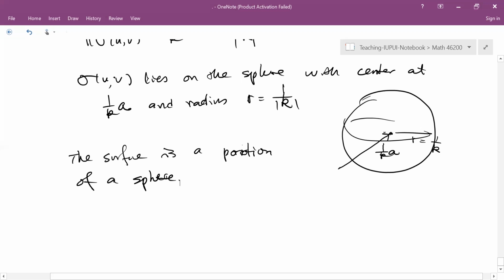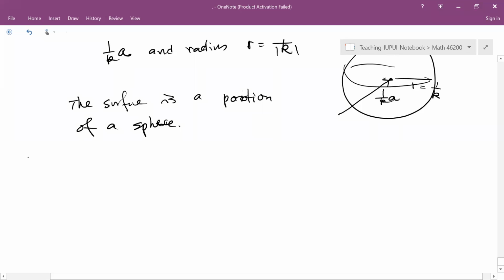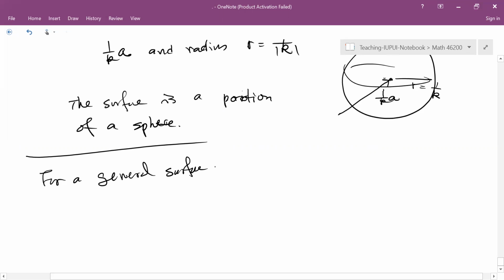So for a general surface, we already proved that umbilical points are pretty isolated.